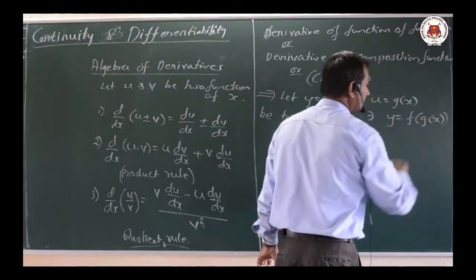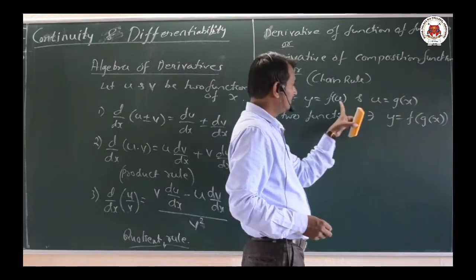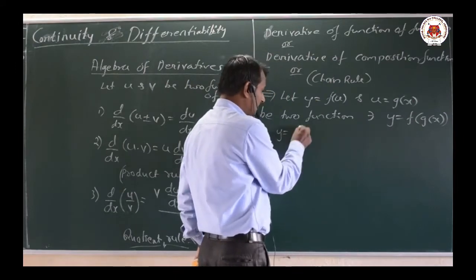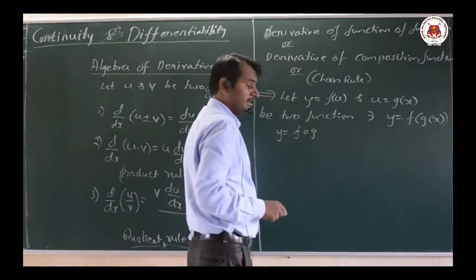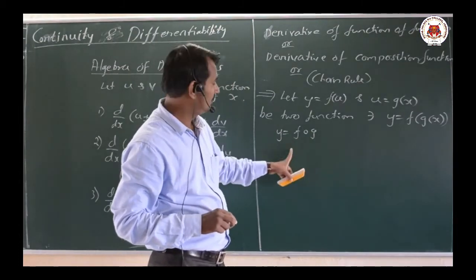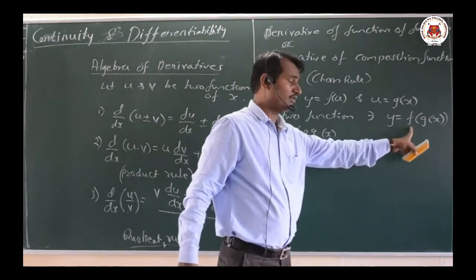Here y equal to f of u, where u is g of x; if you substitute, we get y equal to f of g of x. Already we had learnt about composition of functions. f of g means f of g of x.